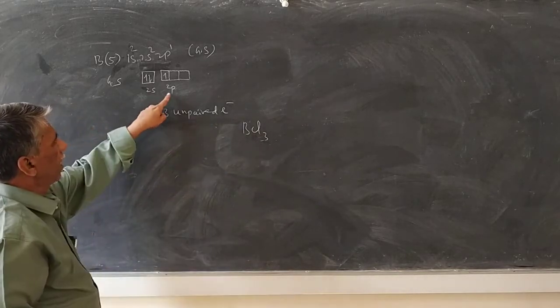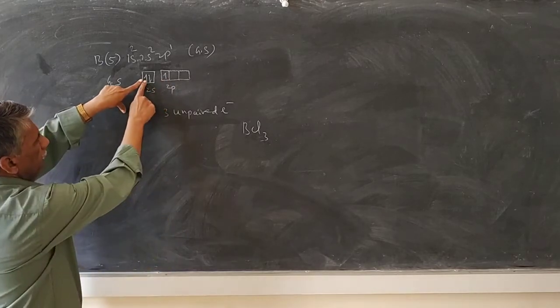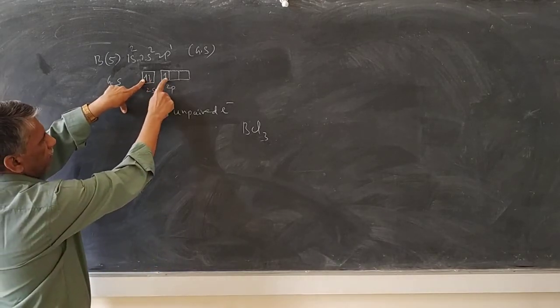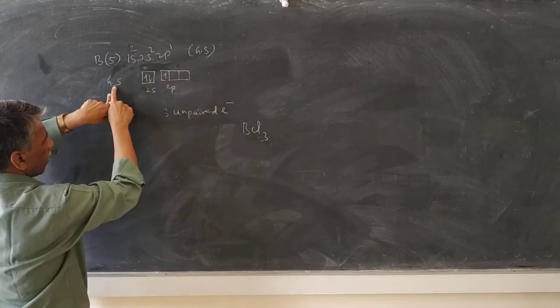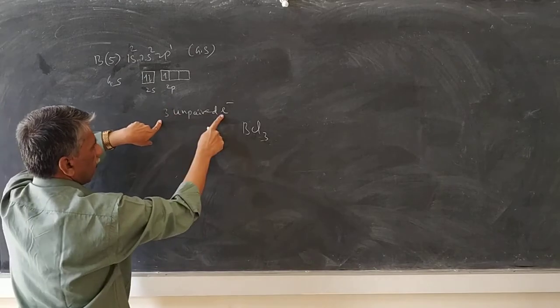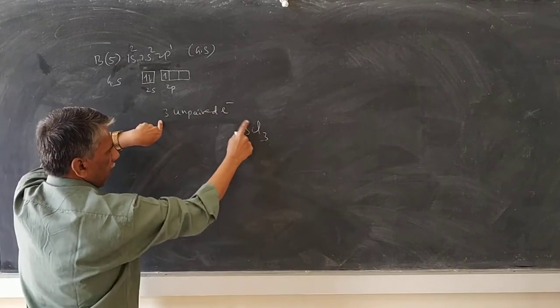Here, how many unpaired electrons are there? Only 1 unpaired electron is there. This is the paired electron. It is paired. This is unpaired. Okay? Only 1 unpaired is here in the ground state. But I want 3 unpaired because 3 Cl atoms should combine with the boron atom.